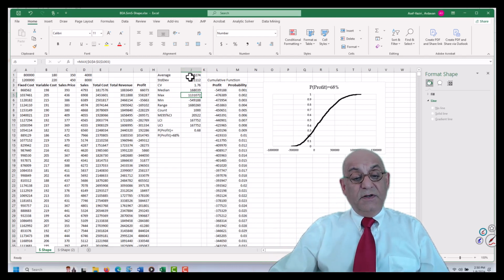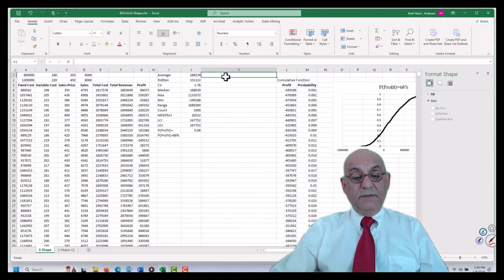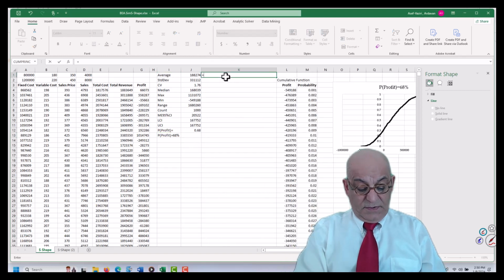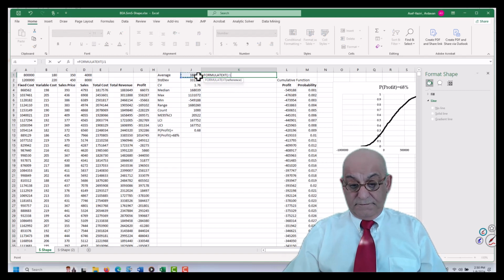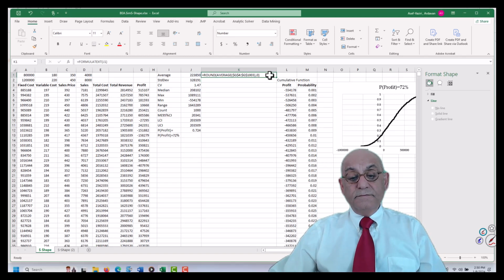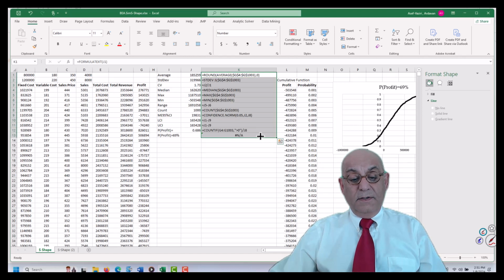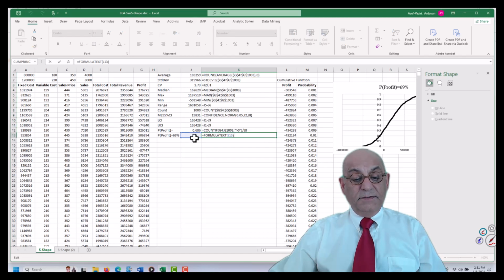Average of your profit is 188,000, and probability of profit is 68. If you like, I can also type equal to, and here all formulas.